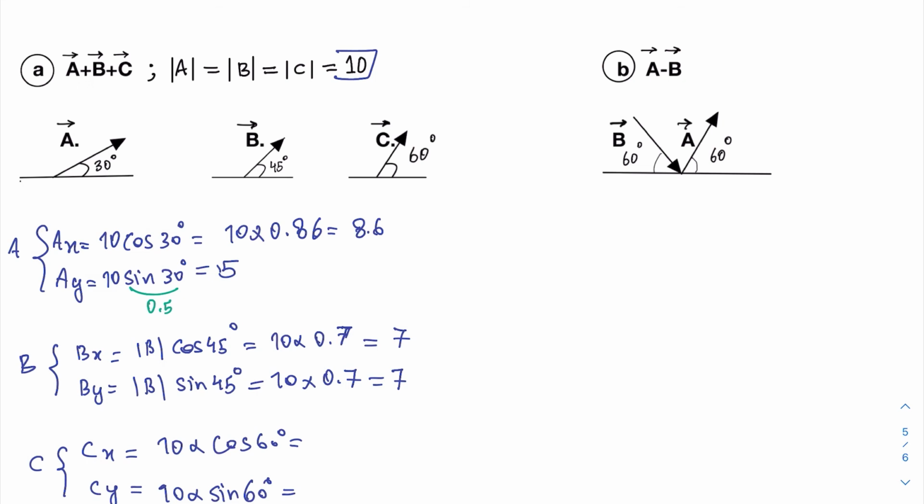And sine 60 degrees is 0.86, and cosine is a half, 0.5. So here will be 5, here will be 8.6.